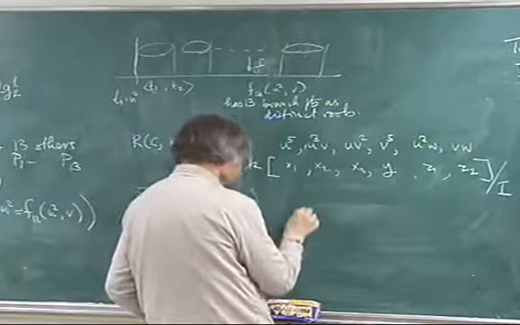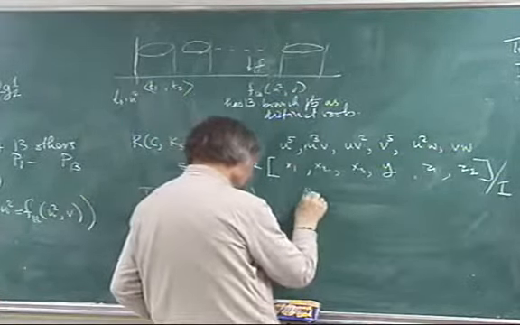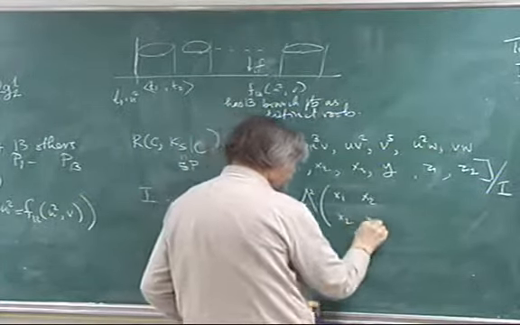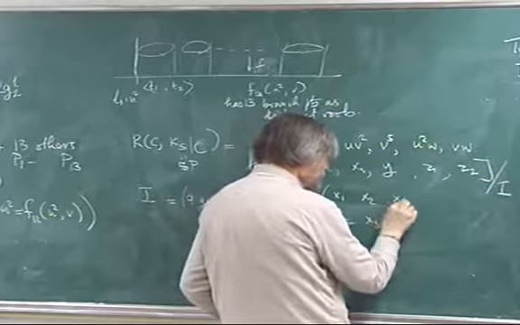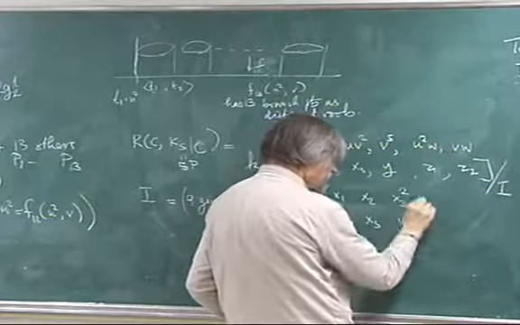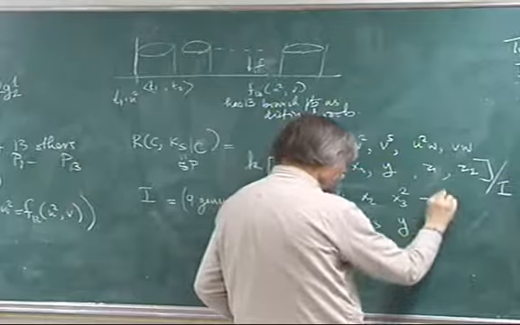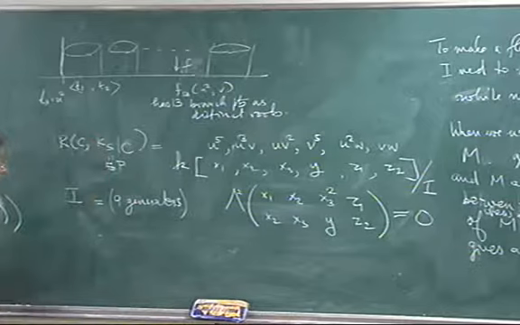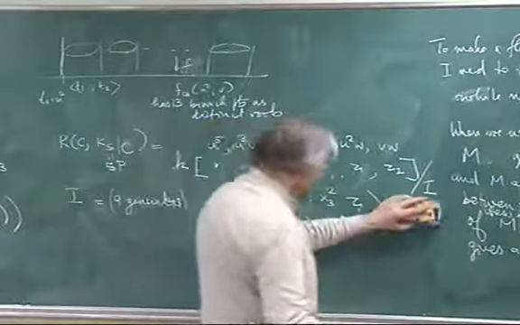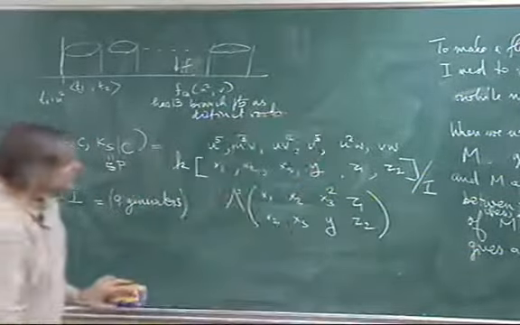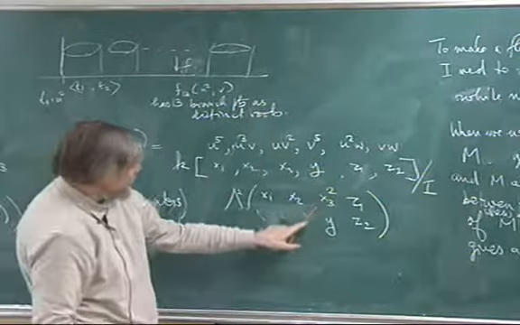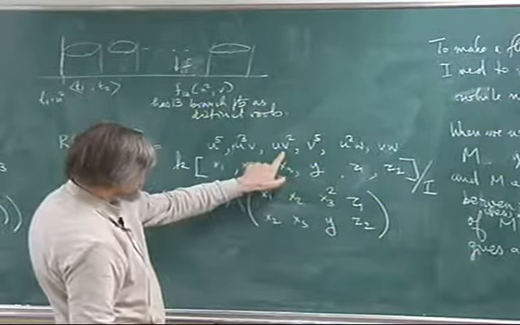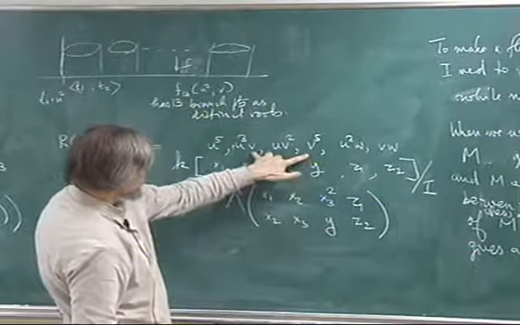The 9 generators are given by the 2x2 minors, wedge 2 of the matrix with rows x1, x2, x2, x3, x3 squared, y, z1, z2. If they're generators of an ideal, I don't need to write equals 0. You check, for example, that x3 cubed is x2 times y.